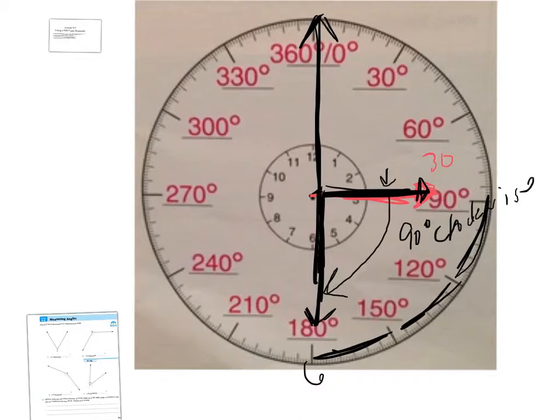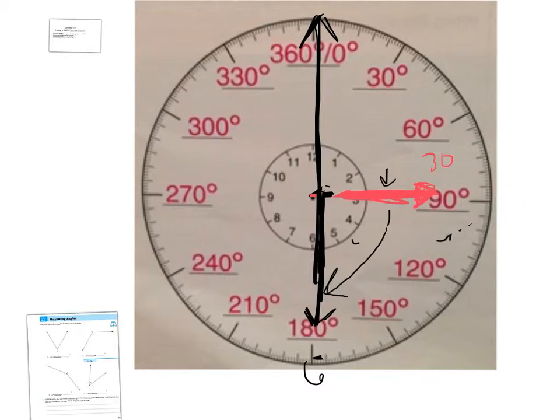Clockwise means the direction of the clock. If I say move something, right now it's pointing at 6, and I'm going to ask you to move, we'll say 120 degrees counterclockwise.